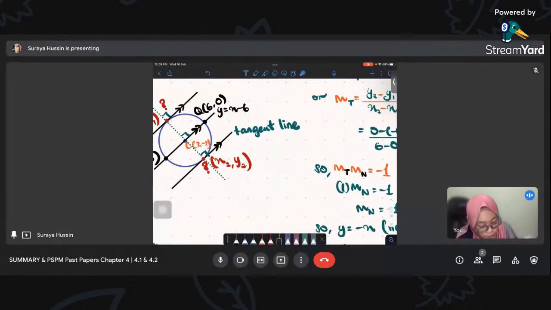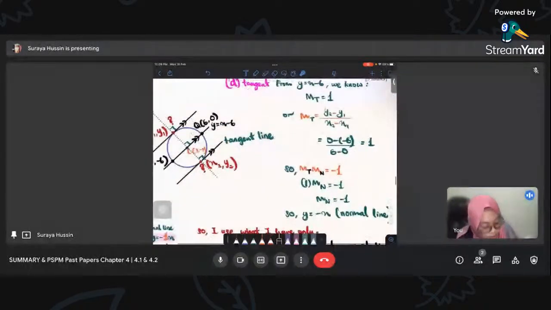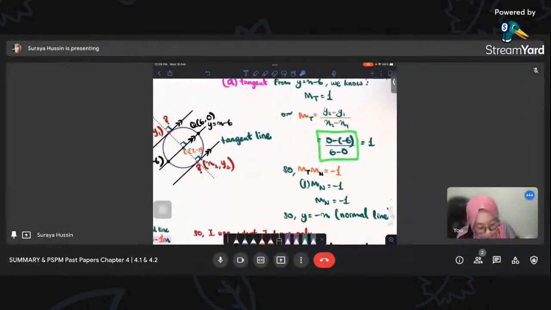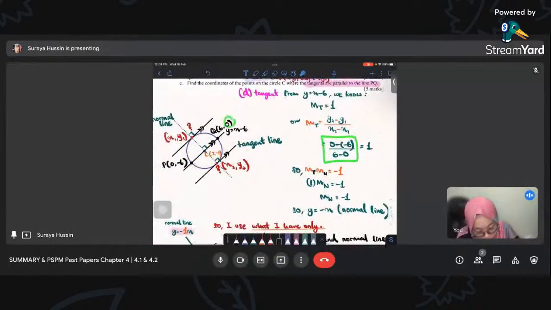But some of you, kalau dia tak nampak, dia akan buat jugalah gradient. Dia akan cuba 0 minus 6 over 6 minus 0. Dia dapatlah 1 juga. Tak ada salahnya. You can still find the gradient of the tangent. So this is your gradient of tangent, which is MT.